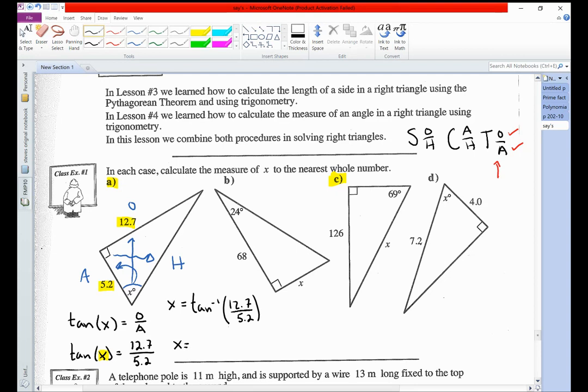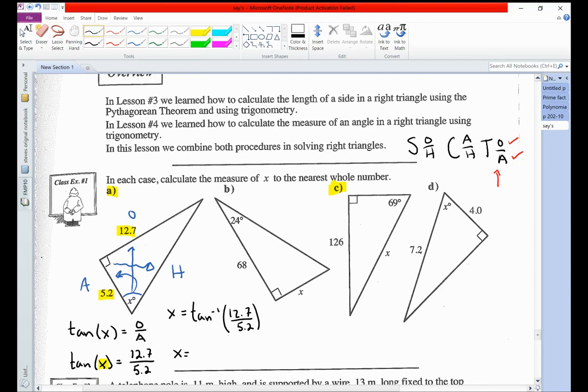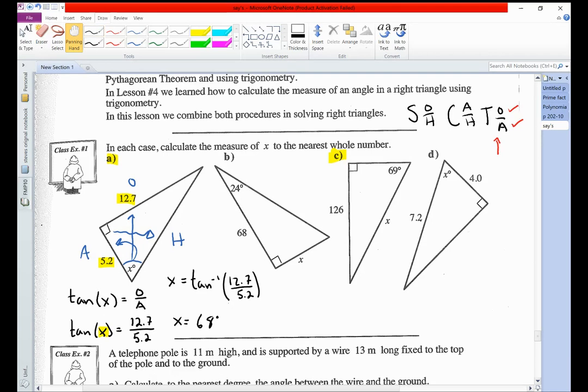I type that into my calculator, and what I get, oh here we go, my answer key disappeared on me for a second, 68 degrees. So that means that angle down there is 68 degrees. Okay, so that's solving for an angle.